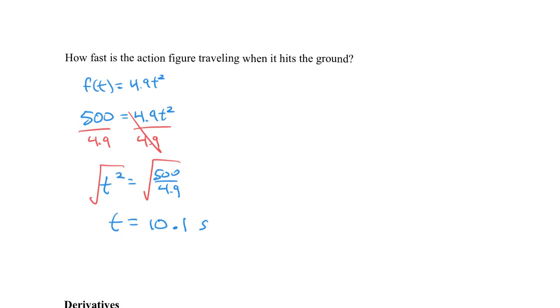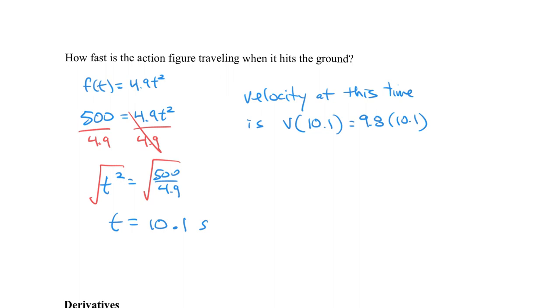So we know that it's going to take just over 10 seconds to land, so we can find the velocity at that point. Velocity at this time is v at 10.1, which is equal to 9.8 times 10.1, which is roughly 99 meters per second.